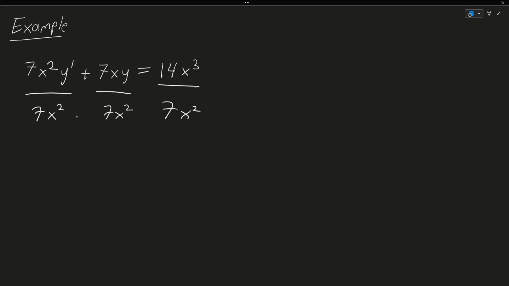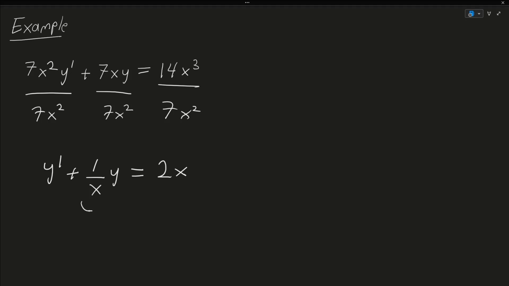Since we're dividing every part of this by 7x squared, we would not change anything in this differential equation, which is why we can do that. So we're going to have y prime plus 1 over x times y equals 2x. Awesome.